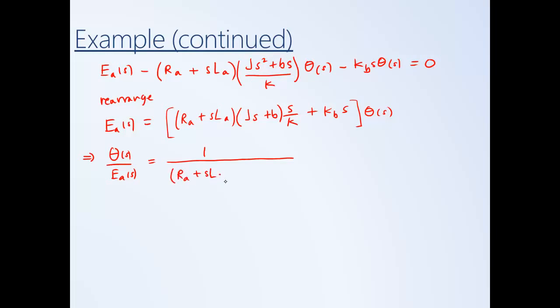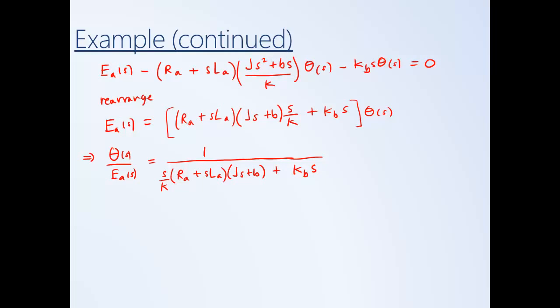So I have the quantity RA plus S LA times the quantity JS plus B. I have S divided by K, multiplying that whole thing. And I have KBS.